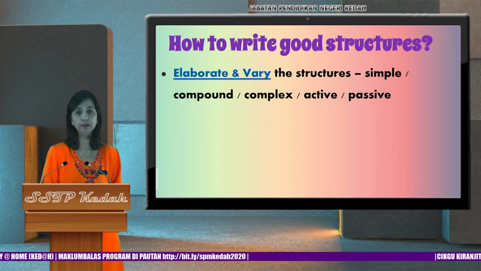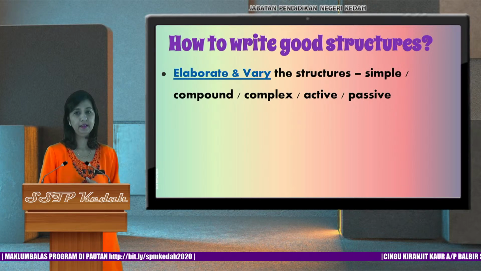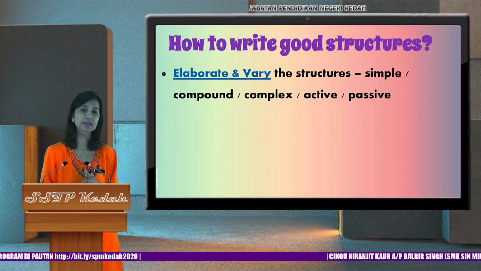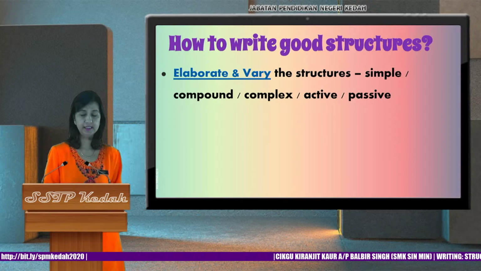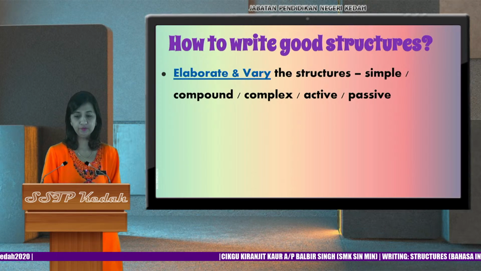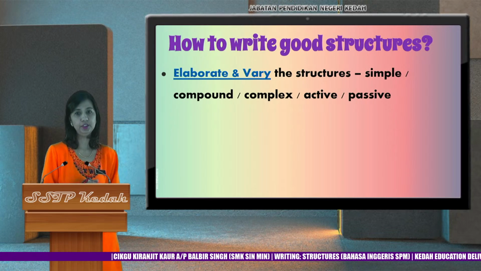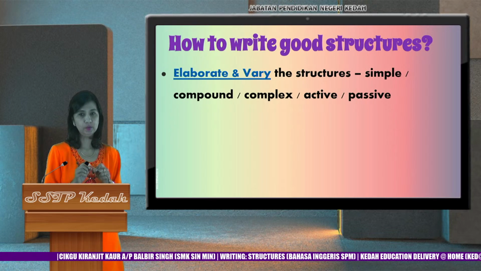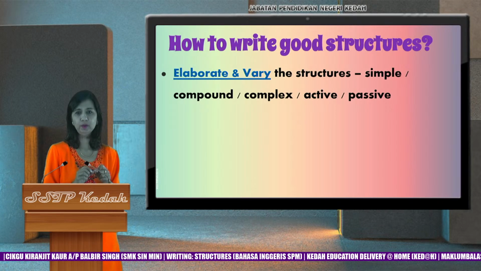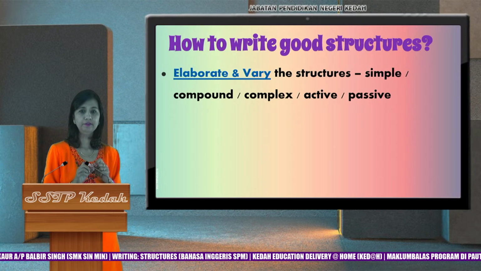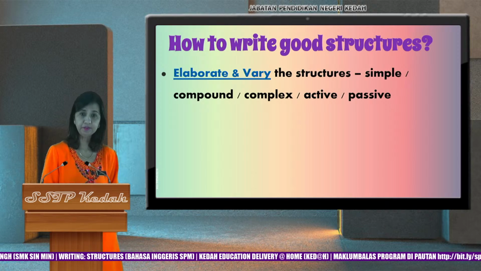Simple, compound, complex, active, passive. I'm going to share with you some simple structures here, but I'm not going to go into very much detail with the structures. But I would definitely share with you some websites where you can learn simple ways of writing varied structures, different types of structures.